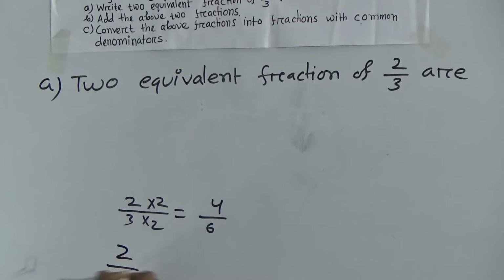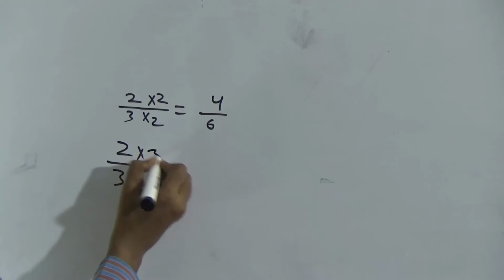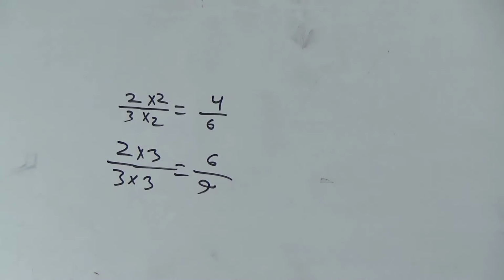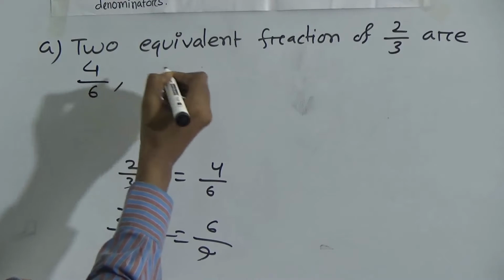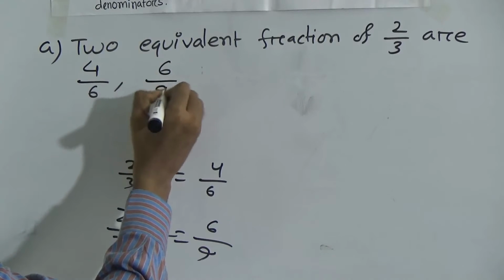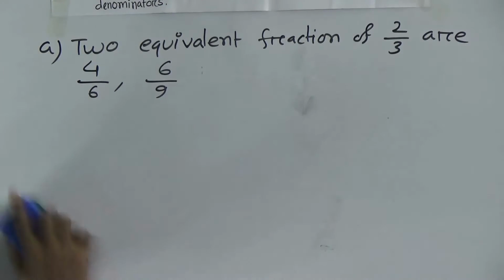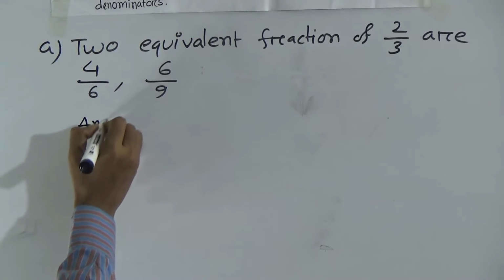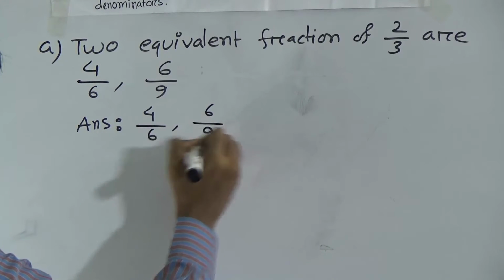Then again multiply both numerator and denominator by 3, then 2 3s are 6 and 3 3s are 9, so 6 by 9. Therefore, the two equivalent fractions of 2 by 3 are 4 by 6 and 6 by 9. Now you write the answer: 4 by 6, 6 by 9.